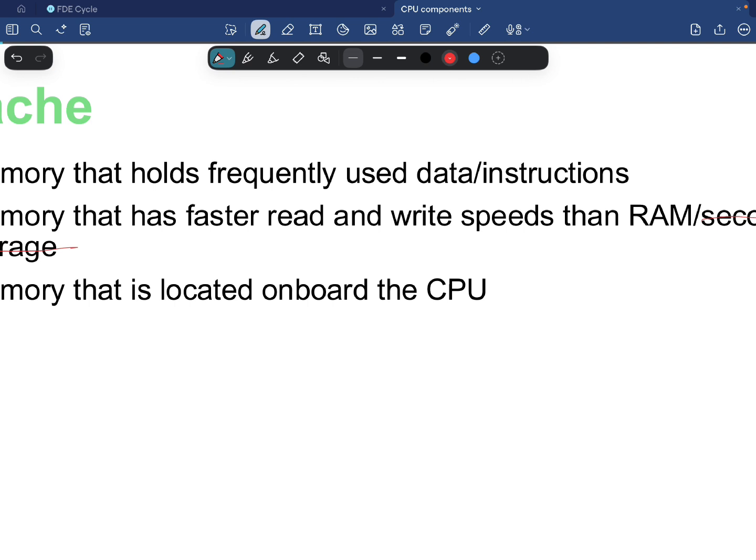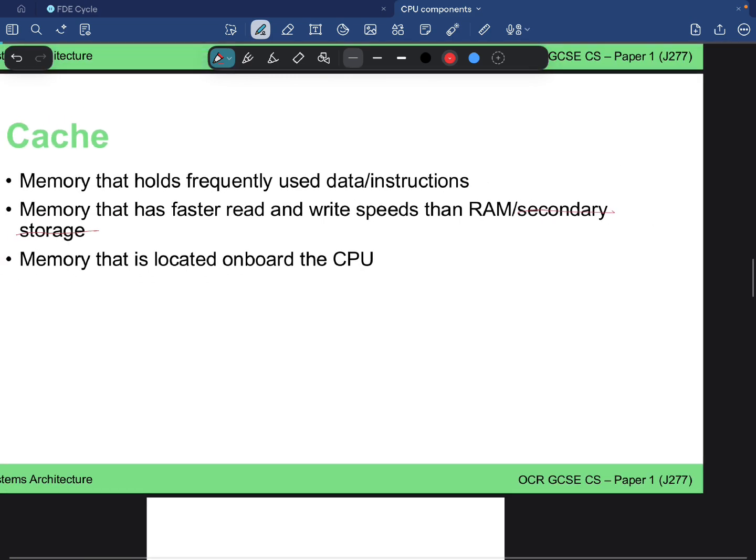That means that when the CPU has to access an instruction or data from cache, it will be much quicker to read the instruction, and it will be much quicker to store the instruction or data in cache than RAM.